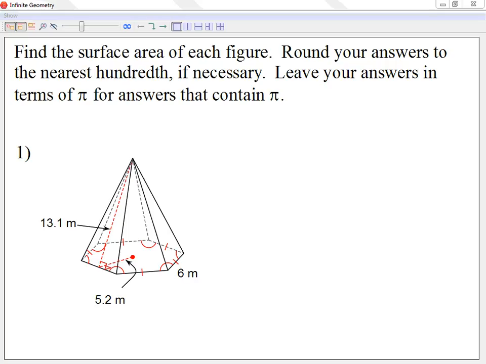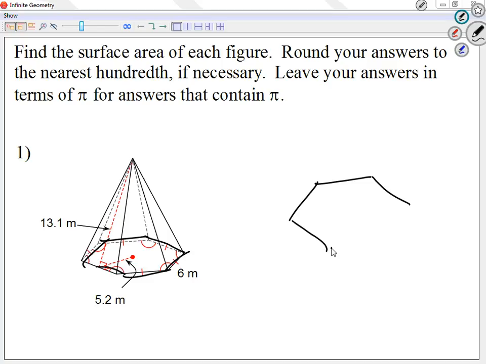So just as a reminder, for pyramids, I've got to get the area of the base first. It's a hexagon. We see it there. So I'm just going to draw my little hexagon. For the area, in this case, I'm going to go 1/2 times 36 times 5.2.